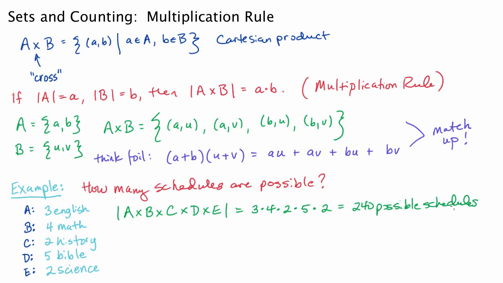If we were interested in a particular schedule, we might want to look at an element of such a set. And a typical element would look something like the following.